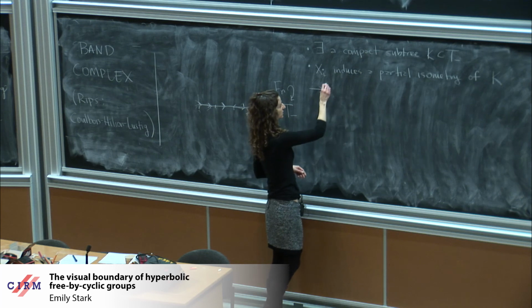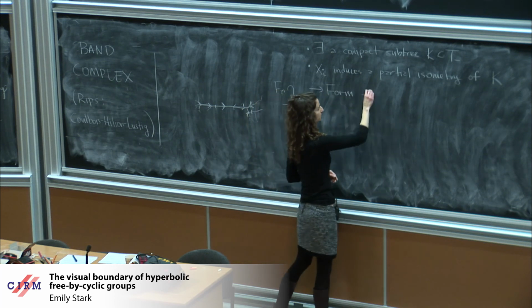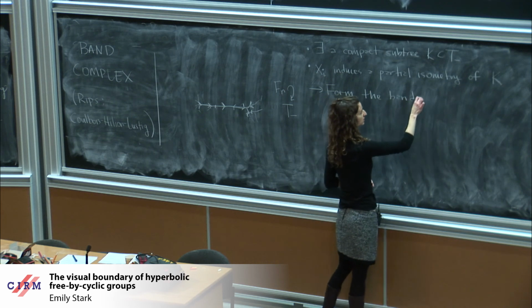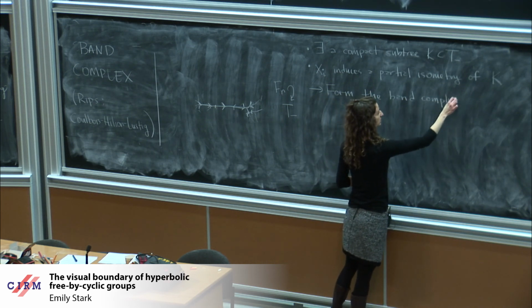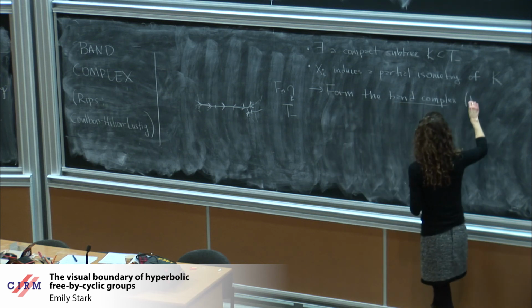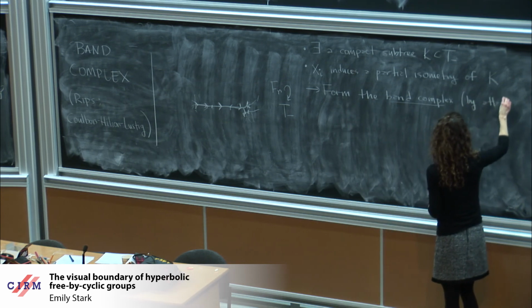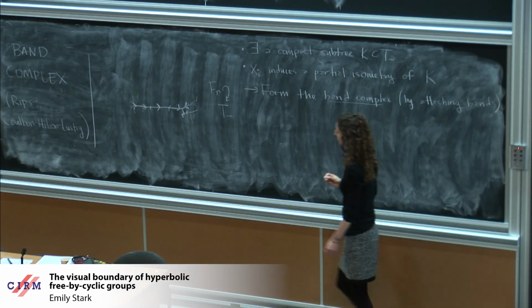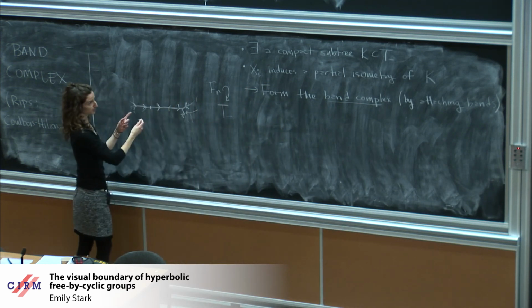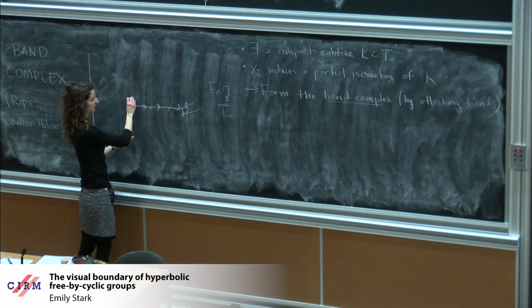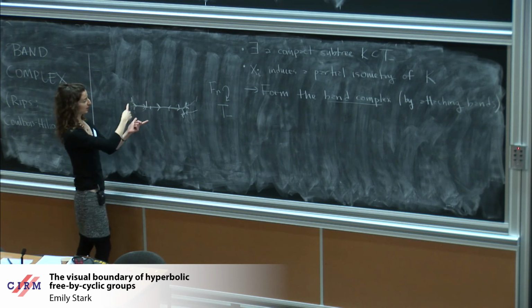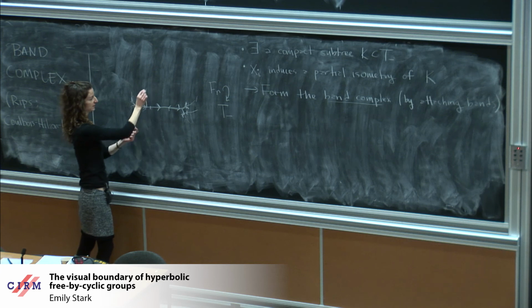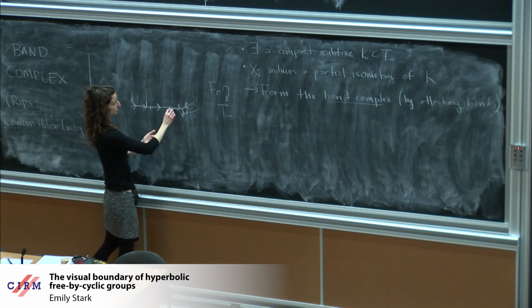And from this data, you can form the band complex by attaching bands. So in other words, for each generator of the free group, you attach a band where this band is isometric to the subset of the tree times the interval, where one end of the band is glued to the domain of the partial isometry, and the other end of the band is glued to its image.